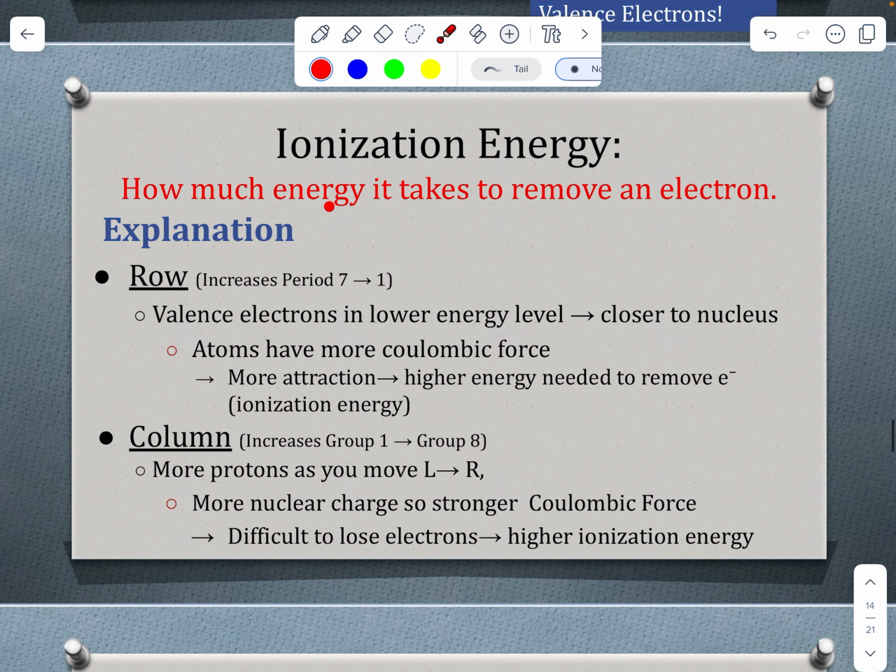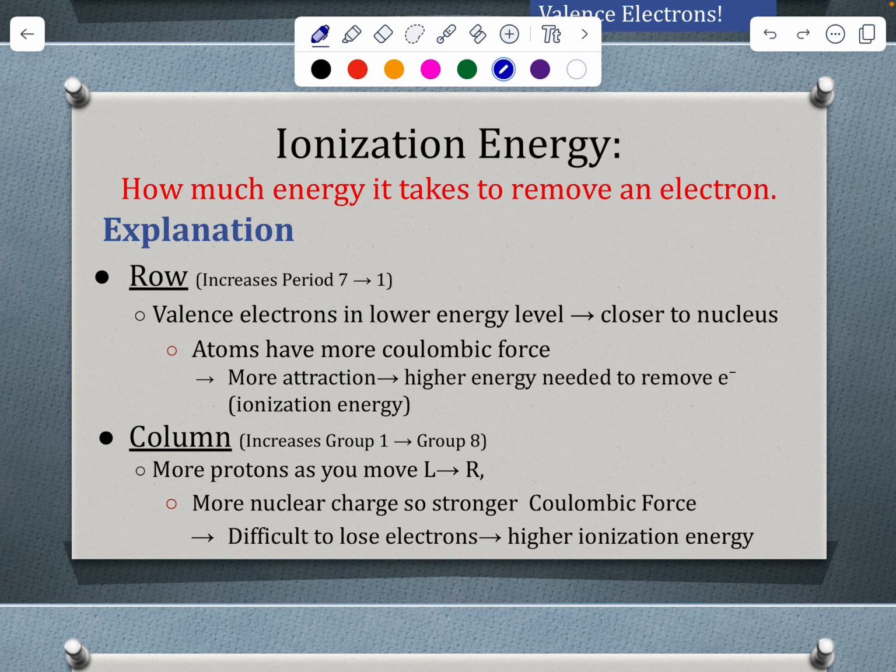And so again, energy it takes to remove an electron. We want to consider, does something want to lose that electron? For this one, as we're looking at our periods, it's going to increase from period 7 to period 1, that ionization energy. Sorry, I did that wrong.